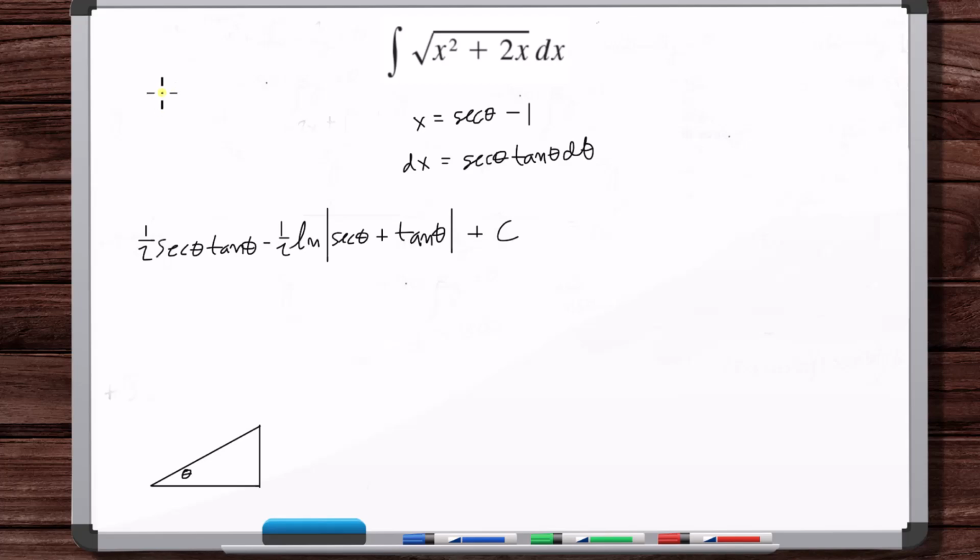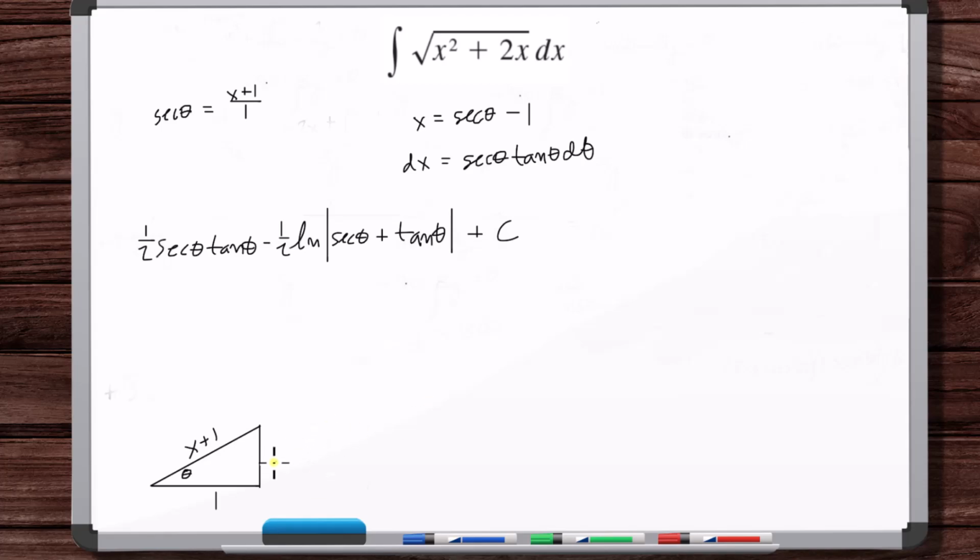Okay, so we've got secant theta is equal to x plus 1 over 1. Secant is the opposite of cosine. Cosine is adjacent over hypotenuse, so this is hypotenuse over adjacent.